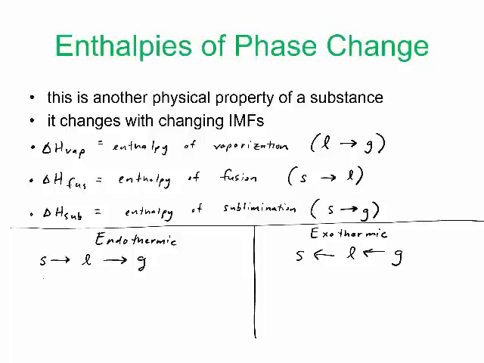So when it's endothermic, heat is leaving the surroundings, and you get positive values for the enthalpy of phase changes.